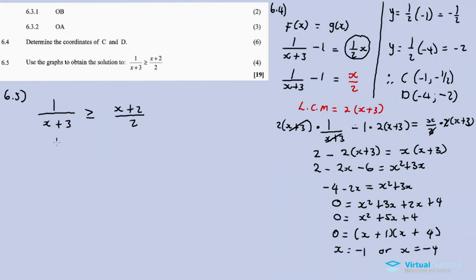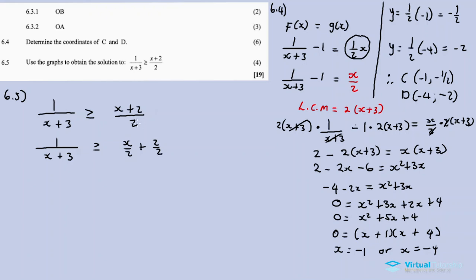Look now, we need to do some manipulation here. 1 over x plus 3 is greater or equal to x over 2 plus 2 over 2, right? It's sort of like a rule or a principle involving fractions where you have a binomial in your numerator and in the denominator you just have one term.